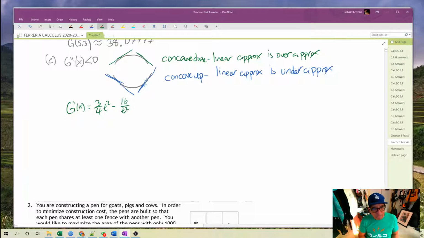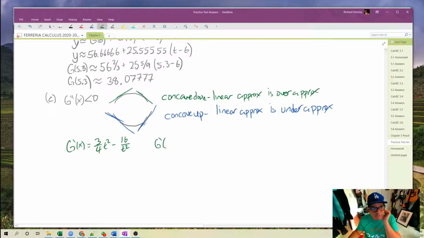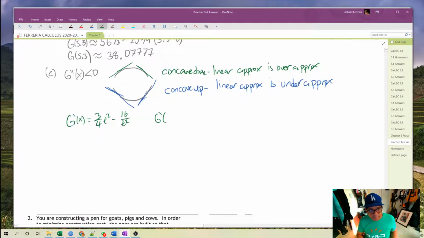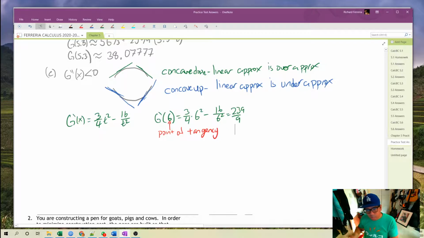If that's g prime at the point of tangency, and I'm going to make sure I write that down, the point of tangency was 6. Well, that's equal to 3/4 of 6 squared minus 16 on 6 squared. It's the point of tangency again. Well, what do we get? We get 239 over 9, which is greater than 0.